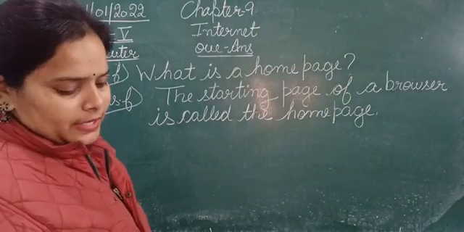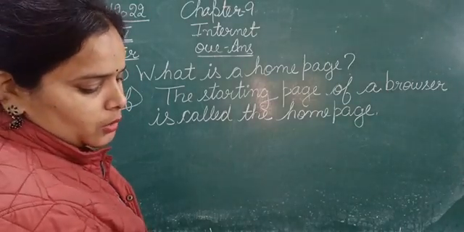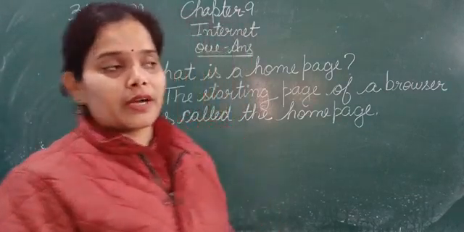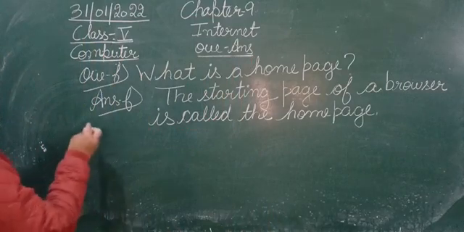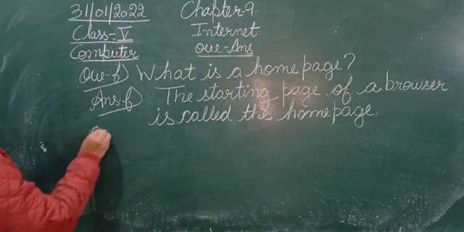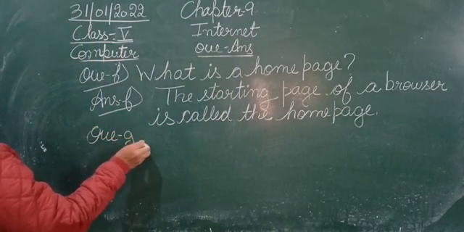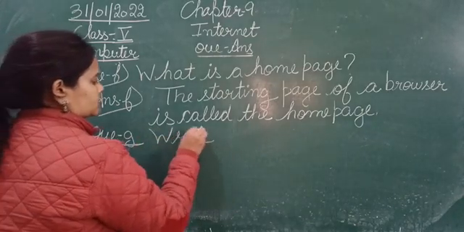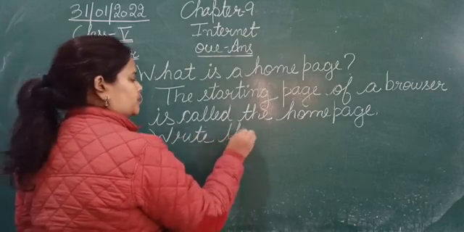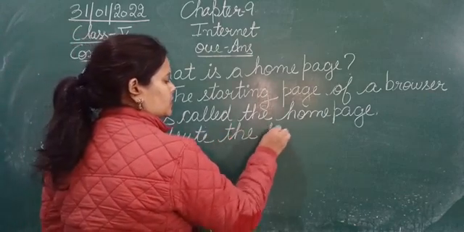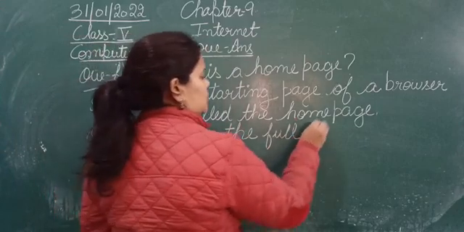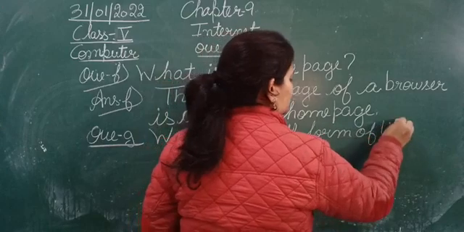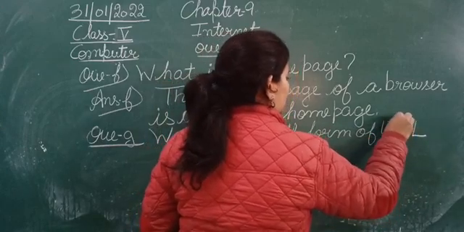Okay. Moving next to the question number G. Write the full form of URL. That is the question number G. Write the full form of URL.